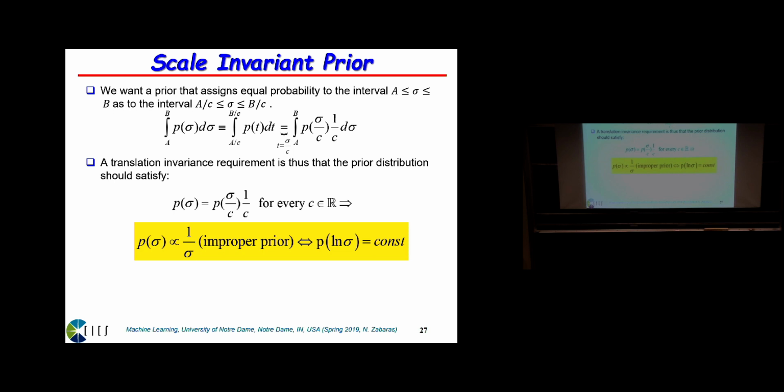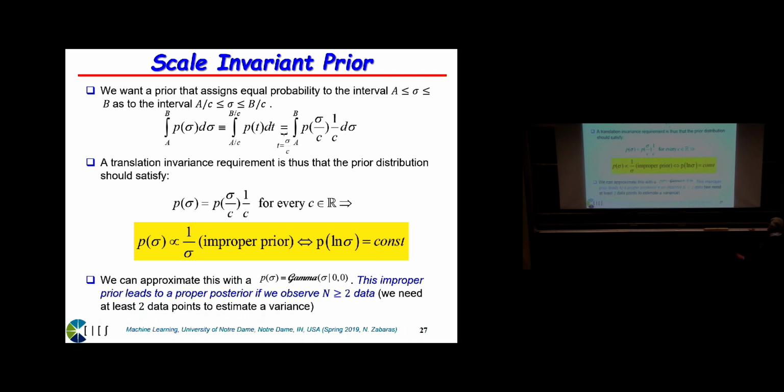If P of sigma is 1 over sigma, what is P of sigma squared? One over sigma squared, okay? And then the same is actually true for the precision, the inverse of the variance. So you can write basically the same equation for the precision.